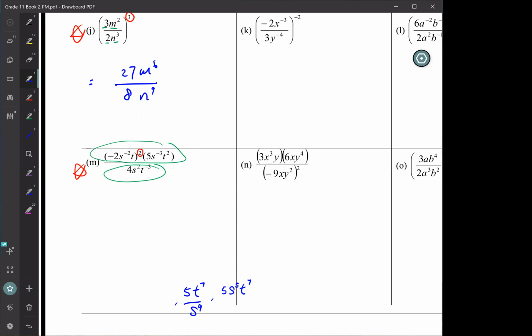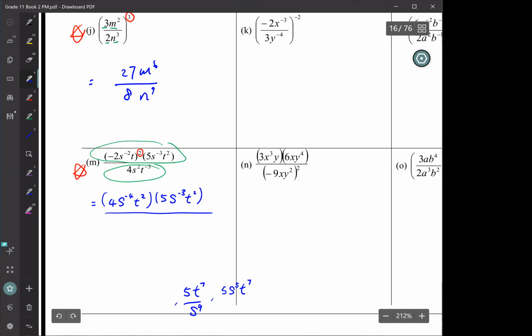Okay. Step by step. First, we'll share in the square. So that will make it 4s to the negative 4t squared. And then the other part, I'll just copy it for now. And be careful when you write s, right? Because s is gonna look like a 5 if you don't write it clearly, and then you confuse yourself.